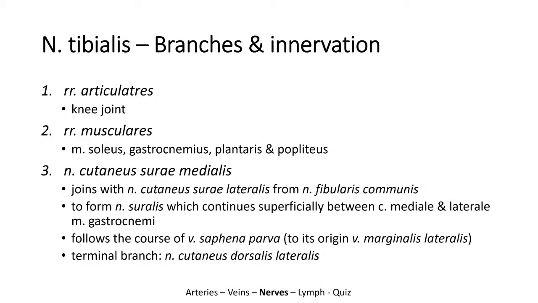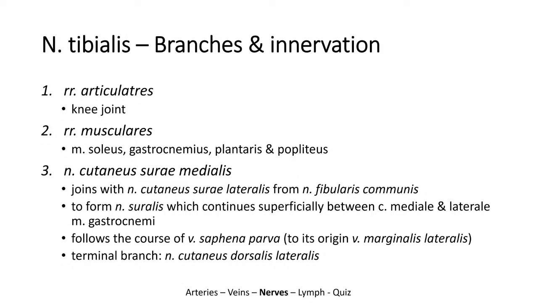So nervus cutaneus surae medialis is a branch of nervus tibialis, and they will form nervus suralis. Yeah, so the sural nerve is formed by the medial cutaneous sural nerve from the tibial one, and by the lateral nerve. Yeah, so we have nervus cutaneus surae medialis and nervus cutaneus surae lateralis, which is from the common fibular nerve.